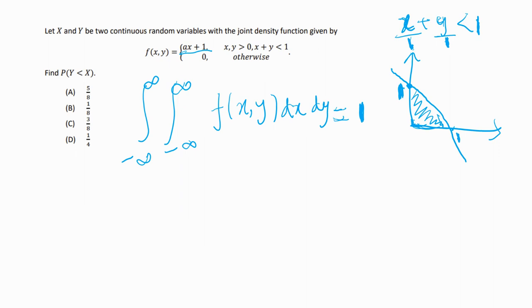So do you know the double integration? Do you have any idea of double integration? How do we find the ranges of double integration? Like, how do we find the ranges of x and y separately? Anybody?